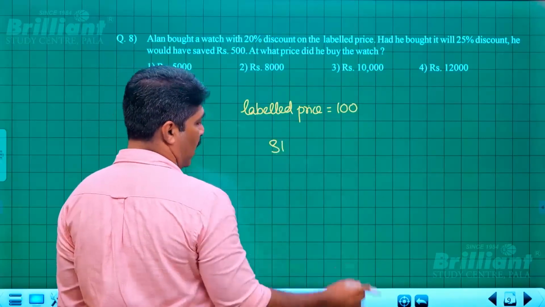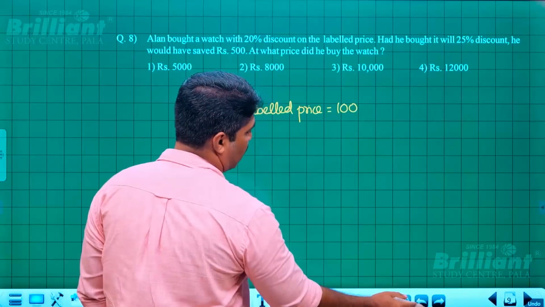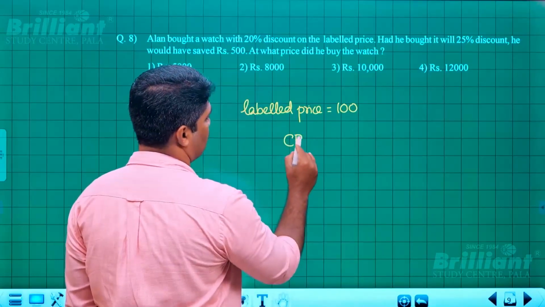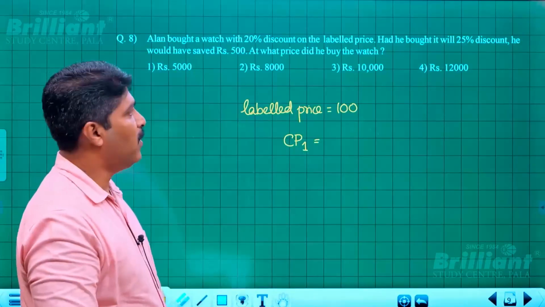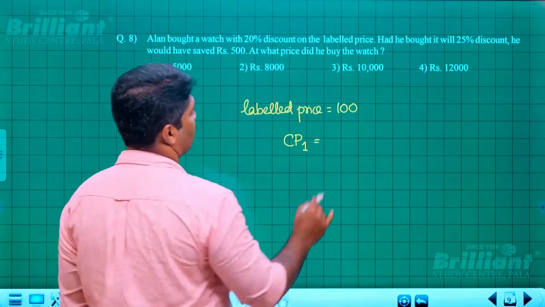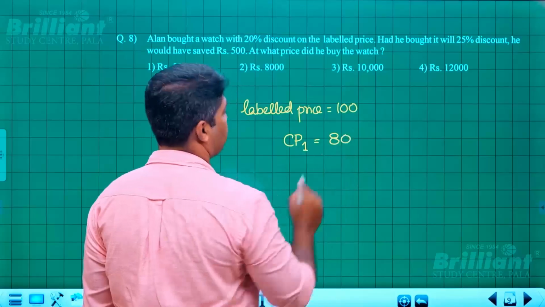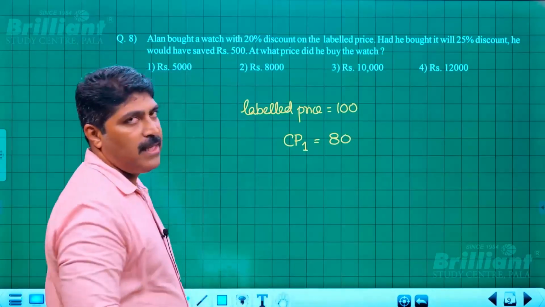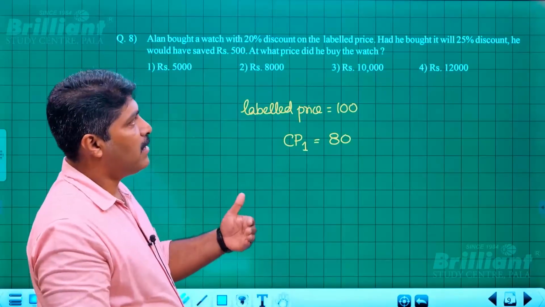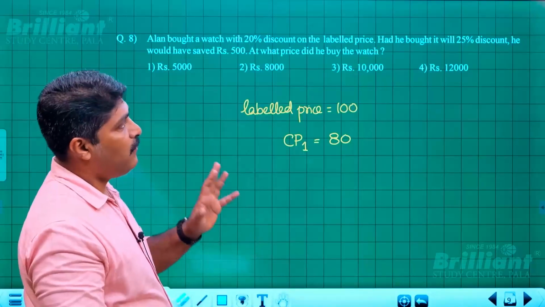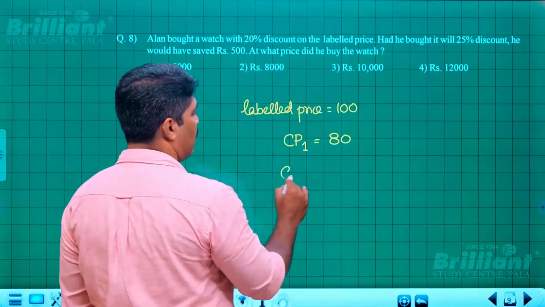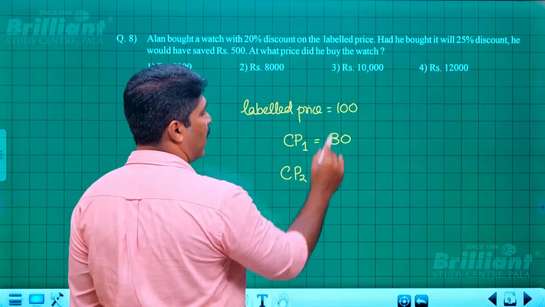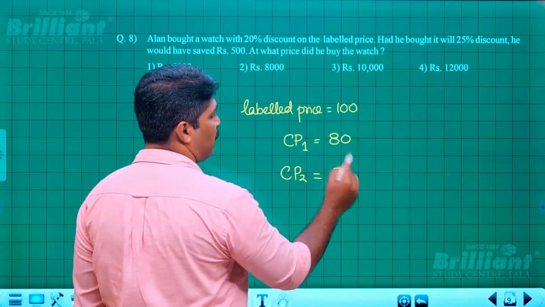Alan bought it for a certain price, that is the actual cost price that he paid. Therefore, with a 20% discount, this is 80. And there is an expected additional discount. Suppose he received a 25% discount, then the cost price becomes 100 minus 25, that is 75.